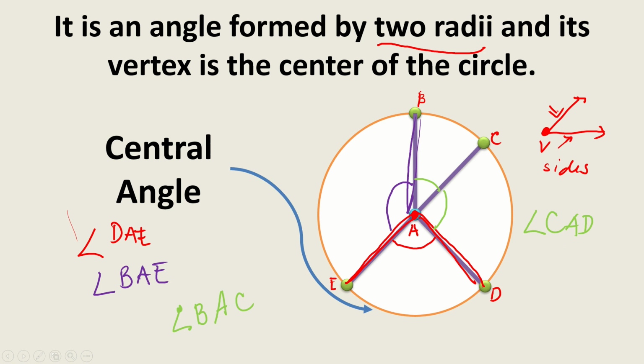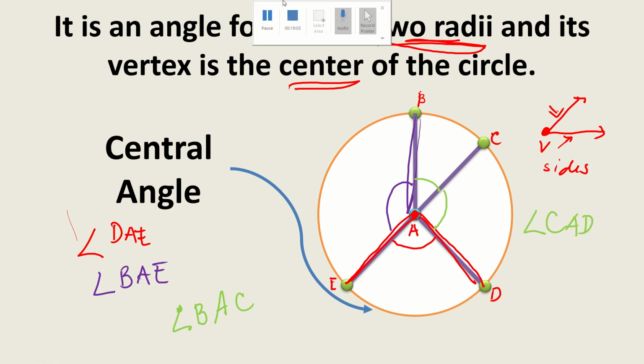Again lang po para maging central angle siya, kailangan yung dalawang sides ng ating angle ay radius ng circle. Then, ang vertex or kung saan nag-meet yung dalawang radius ay yung center of the circle. Then, okay na po tayo sa central angle.